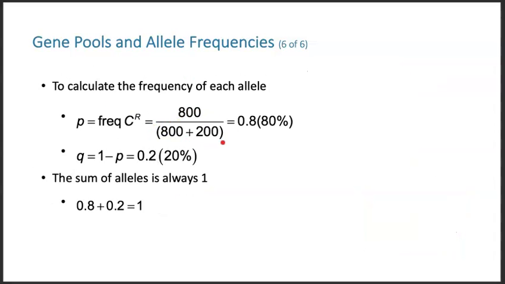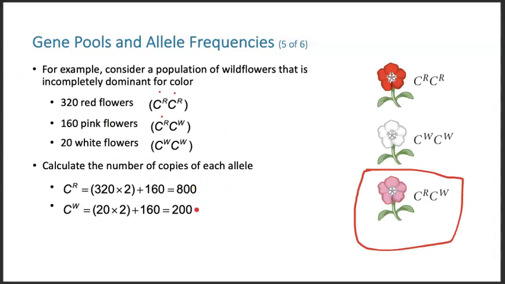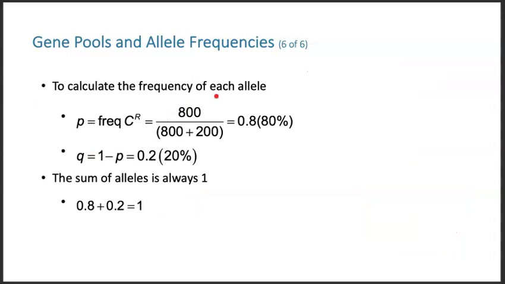Now, the total is 800 plus 200 because we have to do the total number of alleles, 800 plus 200. So 800 divided by 1,000 is equal to 0.8, which we can say that's equal to 80%, but we always want to keep in mind that P plus Q equals 1. So we're really going to focus on this decimal right here.